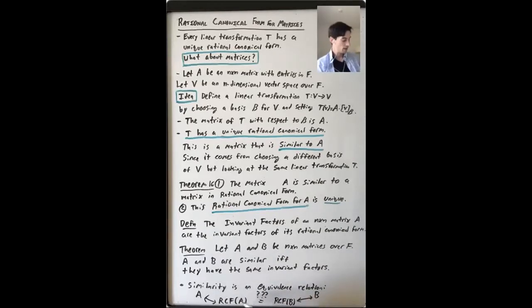A and B are similar if and only if these rational canonical form matrices are similar to each other. But for matrices in rational canonical form to be similar to each other, they're actually equal to each other, since they are determined by their invariant factors. So these two matrices are similar if and only if they're equal, if and only if they have the same invariant factors.